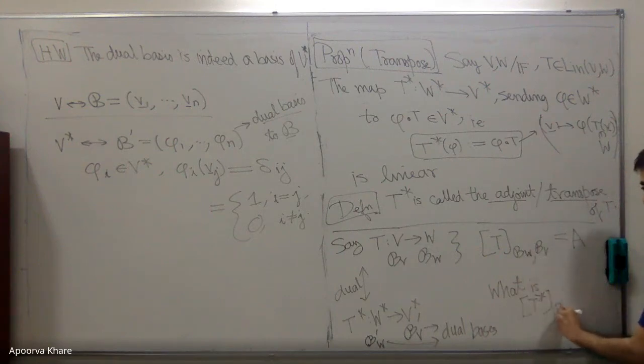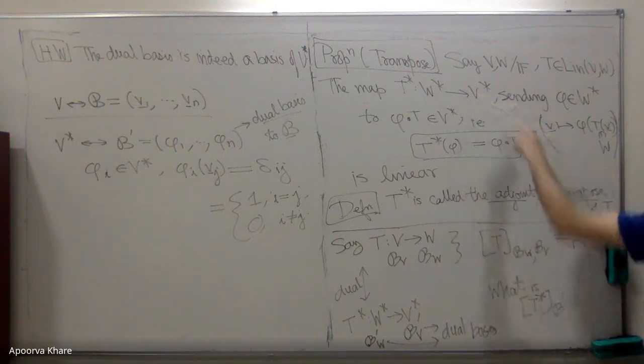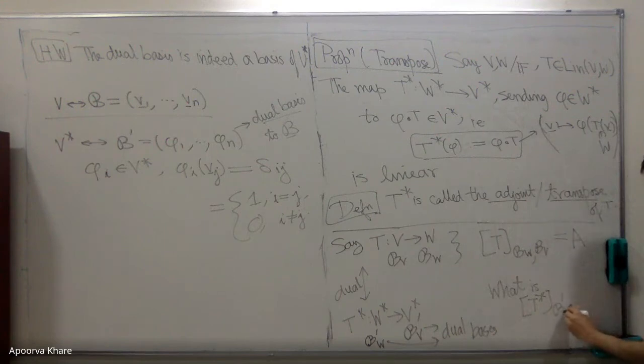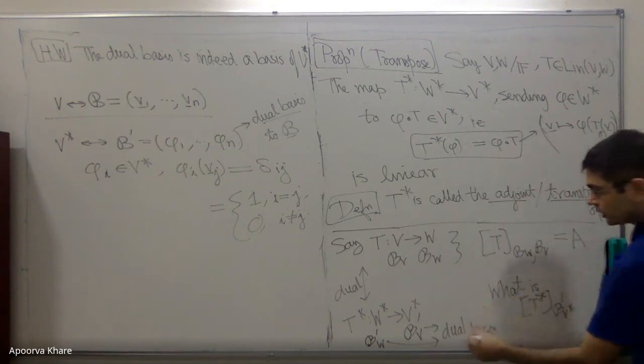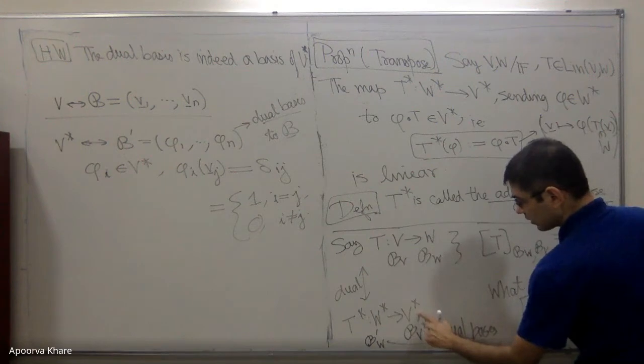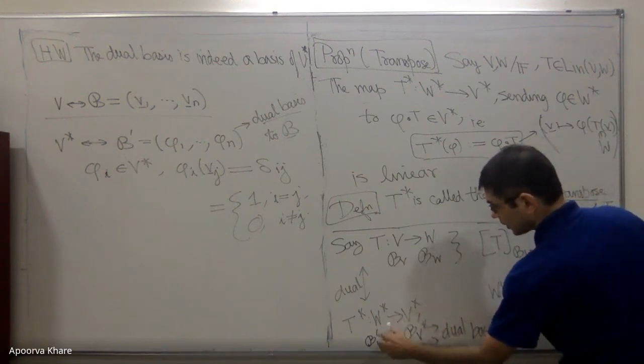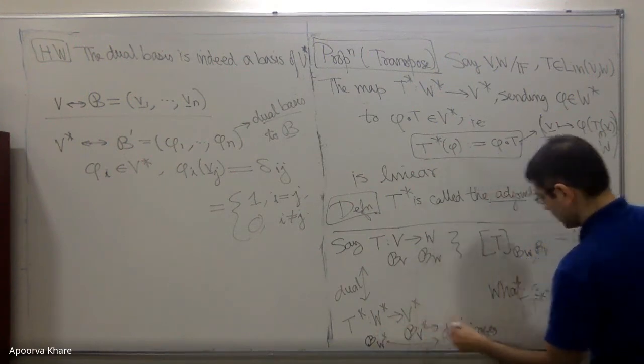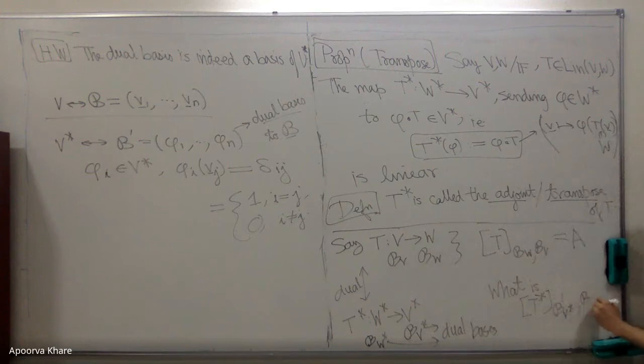Now T star goes from W star to V star, so first I have to write B prime V star and B prime W star.